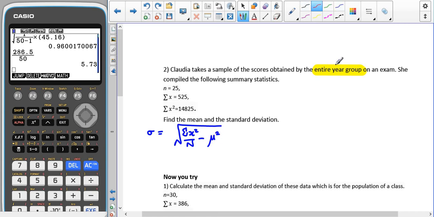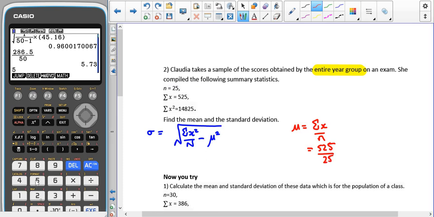So I'm going to do this by using mu is the sum of x over n. Again, using the formula for the mean, it's not given to you in the formula booklet, which gives us 525 for the sum of x here, over n, which is 25.